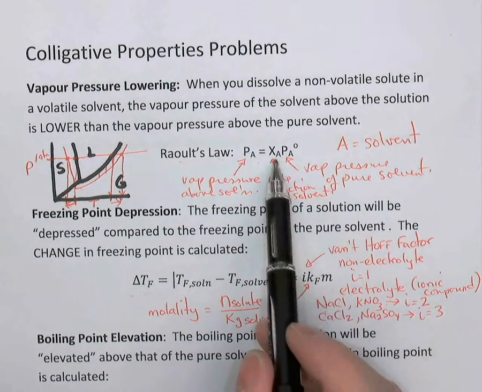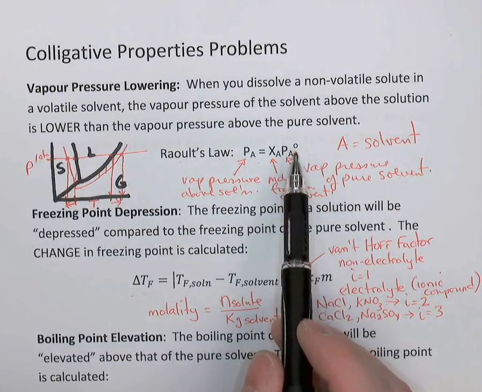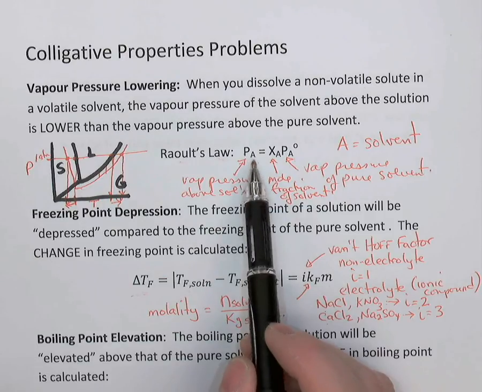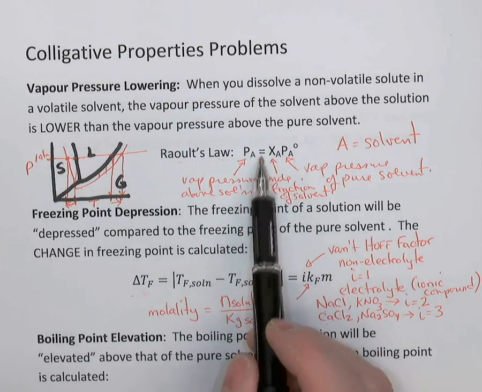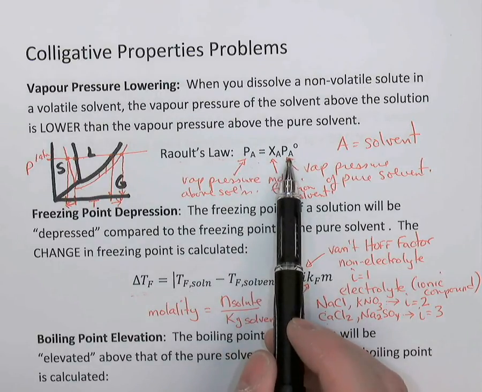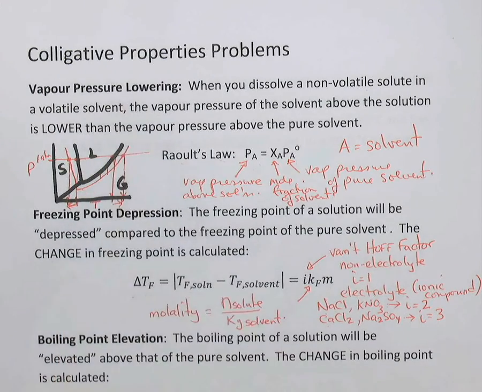So basically your mole fraction of solvent multiplied by the pure solvent's vapor pressure gives you the vapor pressure of the solution. Since the mole fraction is always less than 1, the vapor pressure above the solution will always be less than the vapor pressure above pure solvent, which is why we have vapor pressure lowering.